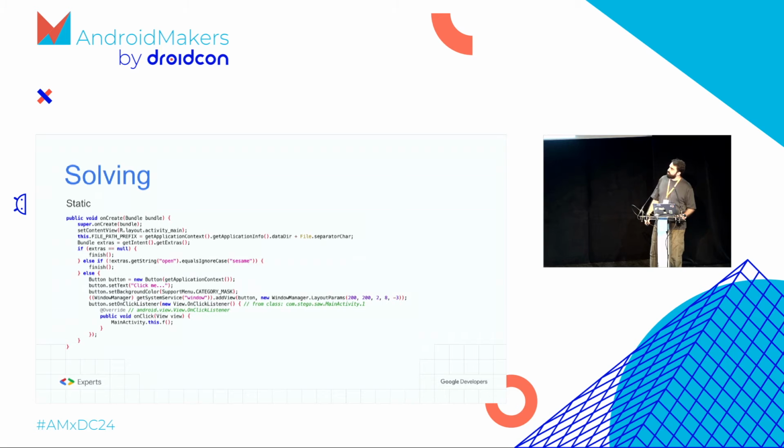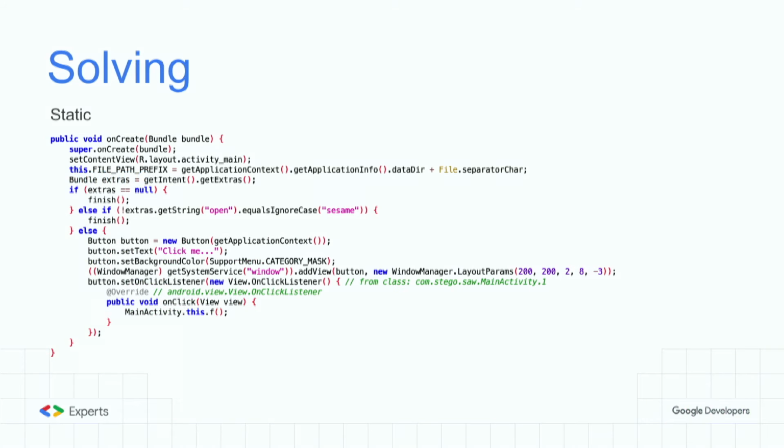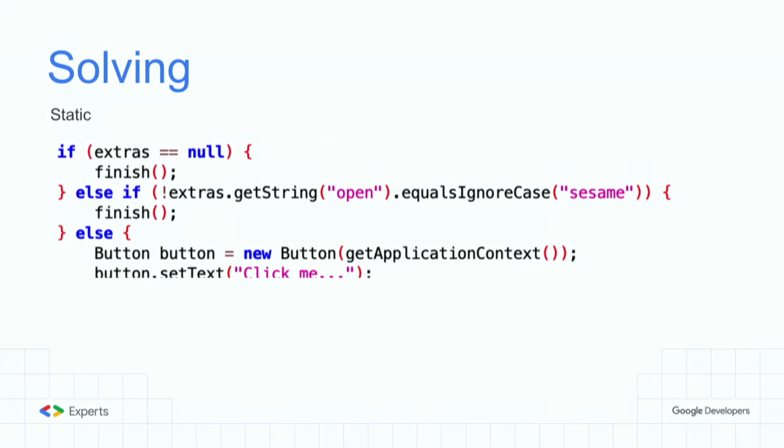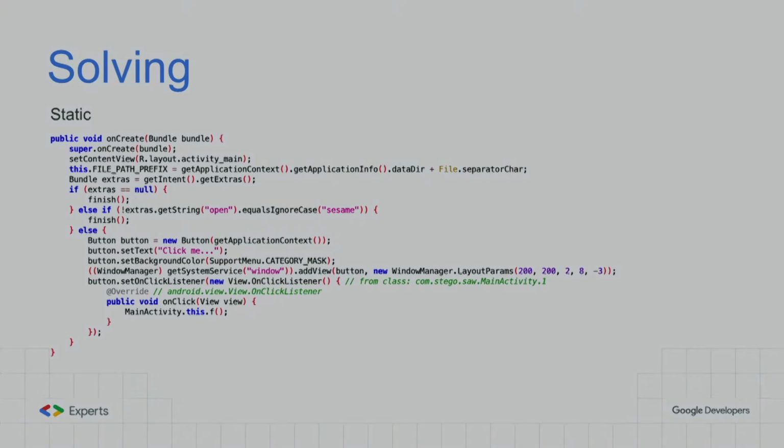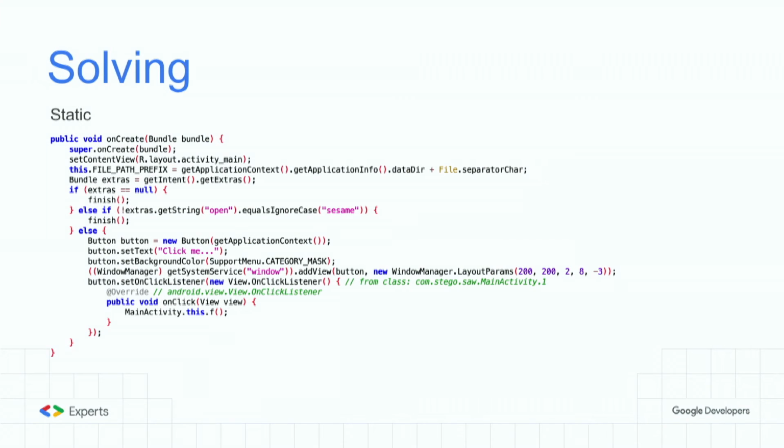Next step, let's decompile it first. That's very trivial. So let's see what's going on in the main activity. Let's see the bigger picture first. So just a normal onCreate. It's getting the bundle. We have one variable that takes the data folder path dynamically.